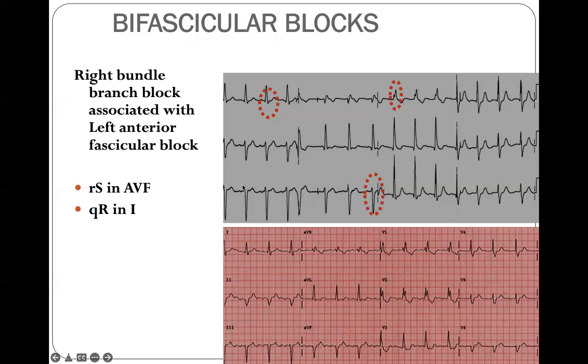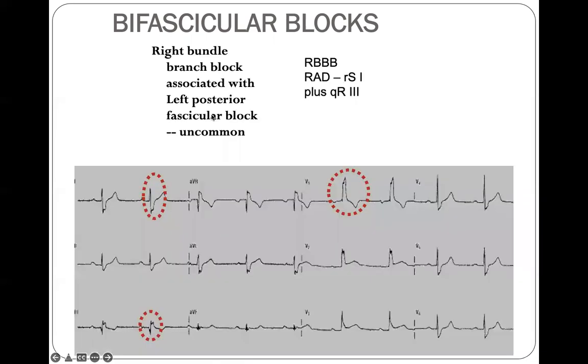And this is a very common association, to find a right bundle branch block with left anterior fascicular block, what we call a bifascicular block.